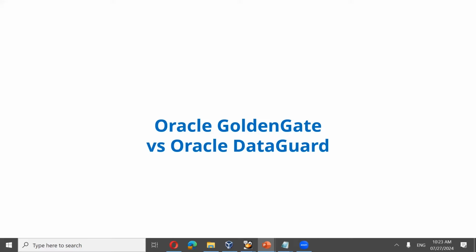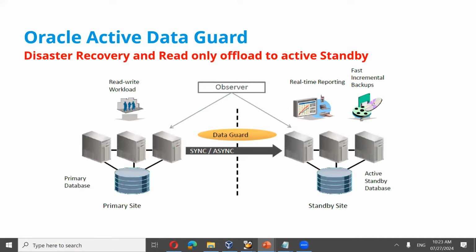Just to give you an idea: for those who think, can we use GoldenGate in place of Data Guard, or Data Guard in place of GoldenGate, going forward you can answer straight away: no, you cannot. Why? You will understand the technical reasons now.